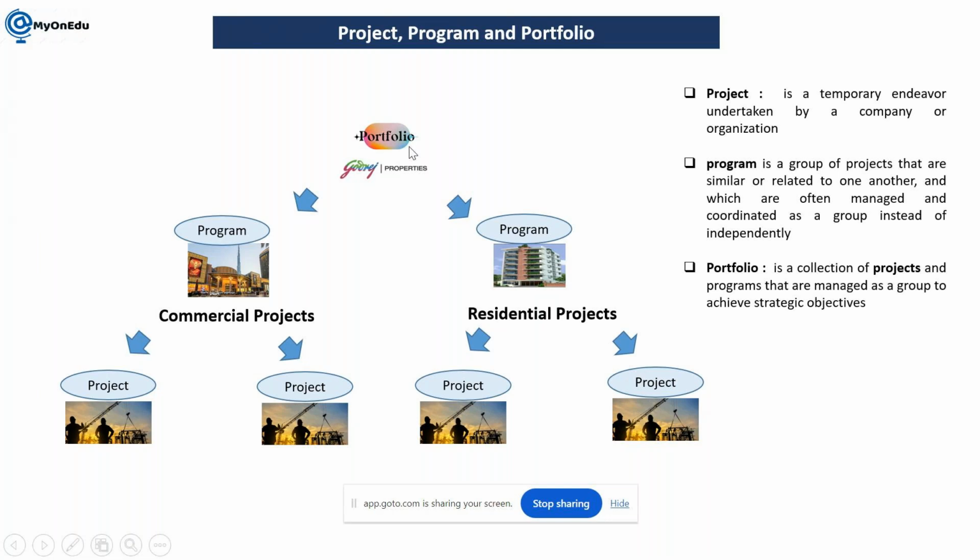So what is the use of executing any project in any organization, whether it is an investment project, cost project or customer project? It has to be aligned with the objective of the organization. For example, if Godrej Properties is constructing one mall, they have some objective.